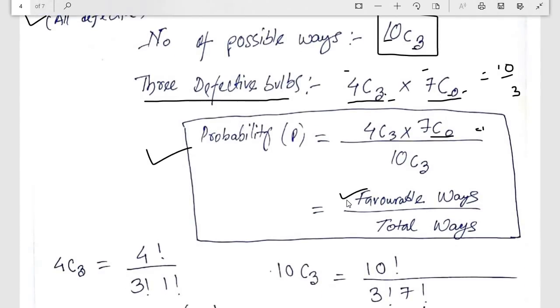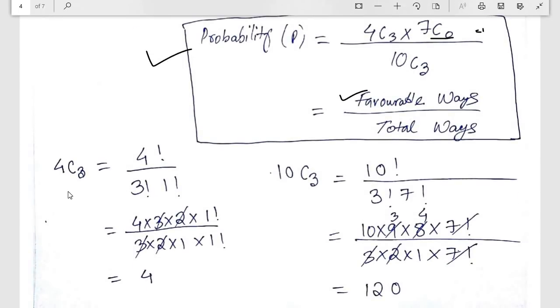Now let's find out the probability. When we simplify 4C3, it will become 4 into 3 into 2 into 1 over 3 into 2 into 1, and then we will get 4.